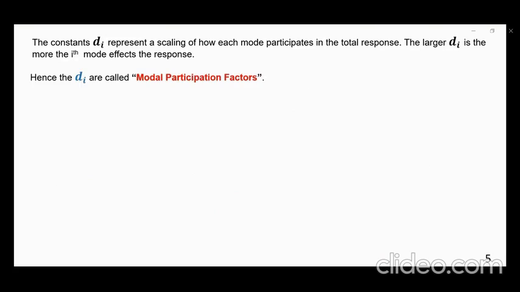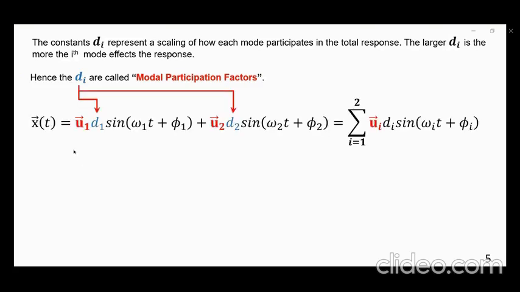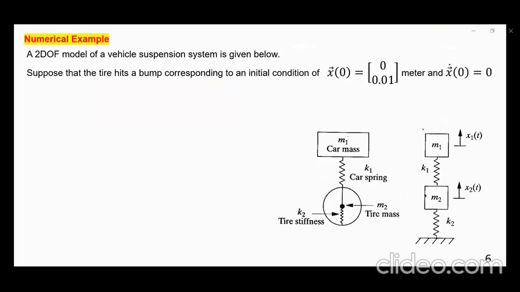If Di is very, very small, for example if D2 is very small, it means that particular mode does not participate much, and therefore one can probably ignore it. So these are called modal participation factors, and they represent how much of that mode is important.